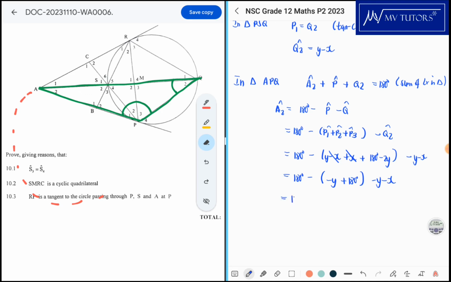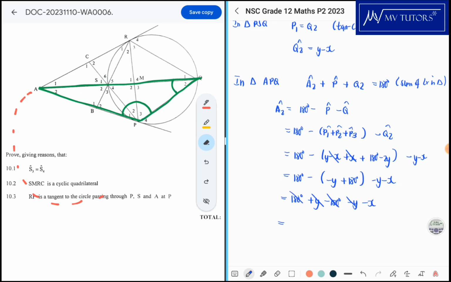Now let's take out the brackets. So we have 180 plus Y minus 180 minus Y minus X. So the 180 cancels, the Y's cancel.